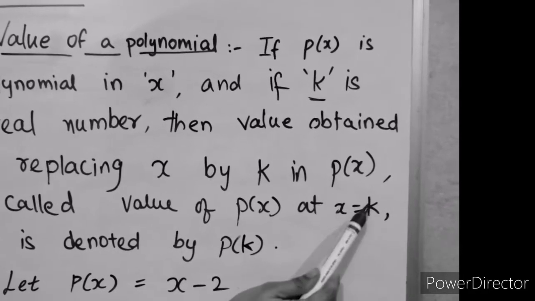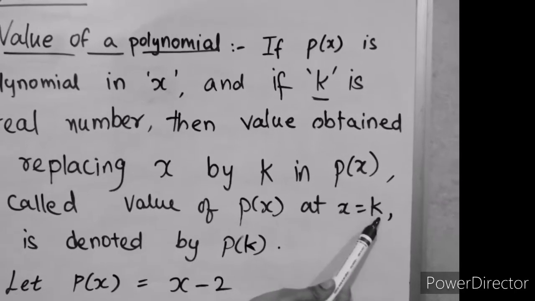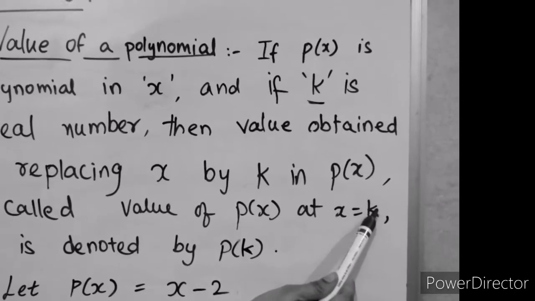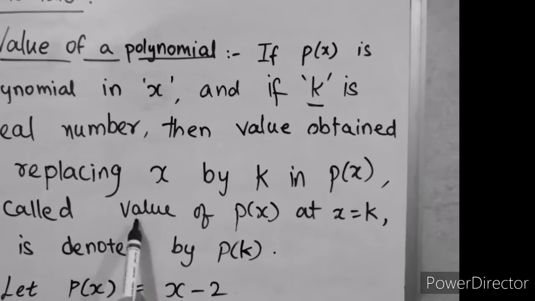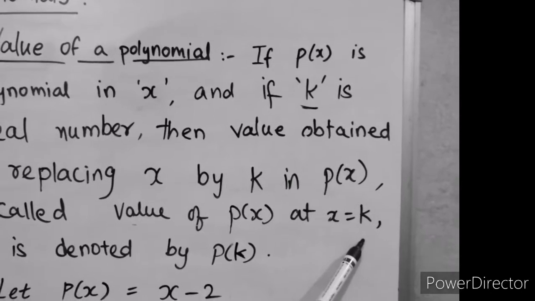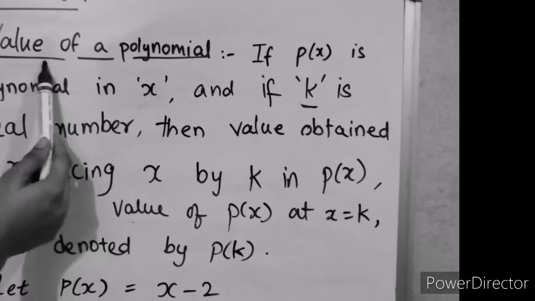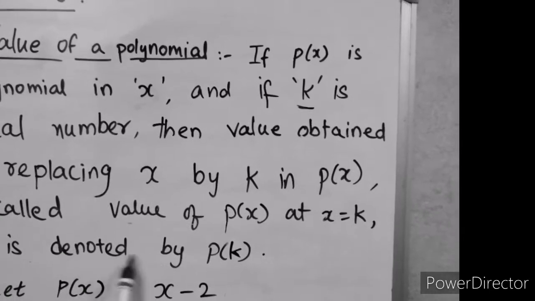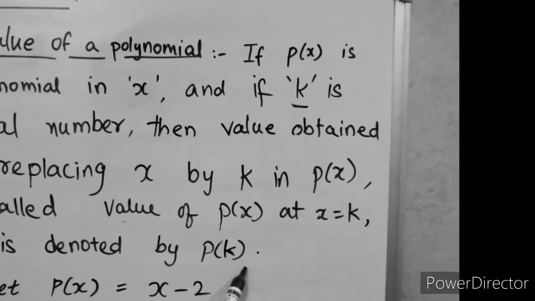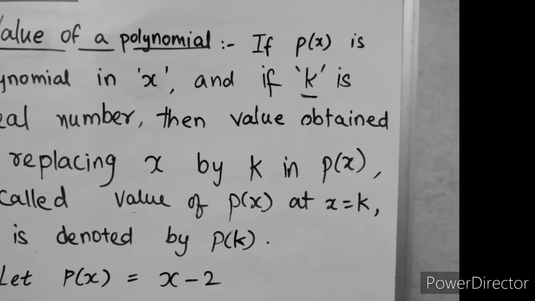Only at x equal to k, this is the value of p of x. If x is equal to something like p, then value of p of x at x equal to p you will be writing here. And the value of polynomial is denoted by p of k. Let us have an example to understand it more.